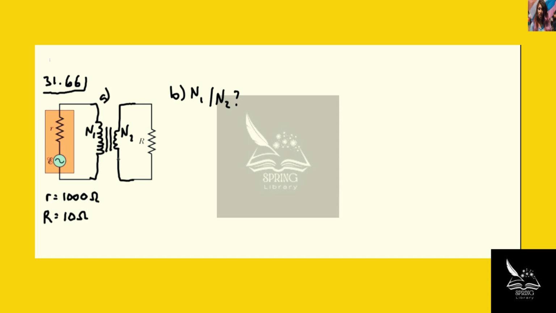What we can think of instead is, in this situation, we're basically using the transformer to make this sort of situation happen where we have a little r equal to R and a big R equal to little r. So we know that this will maximize the power sent to this resistor. This is like the internal resistance of this battery in this case.